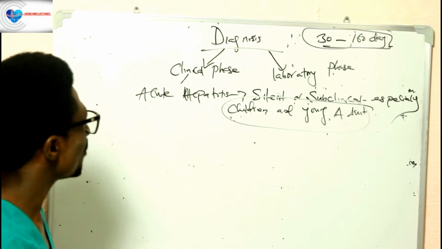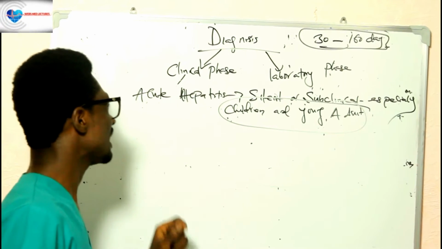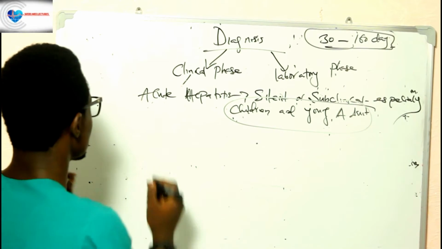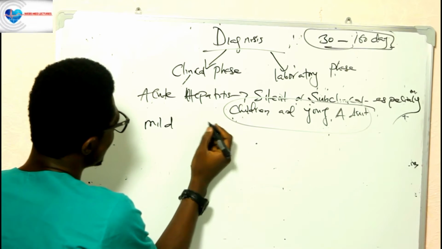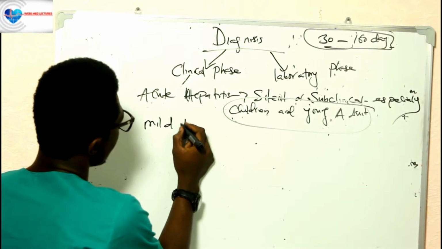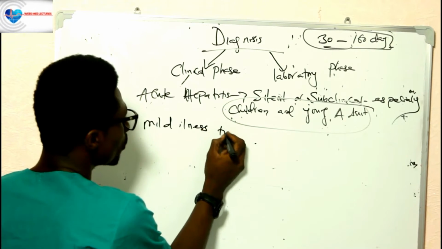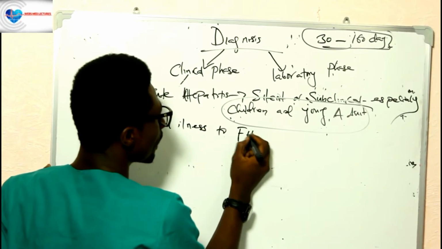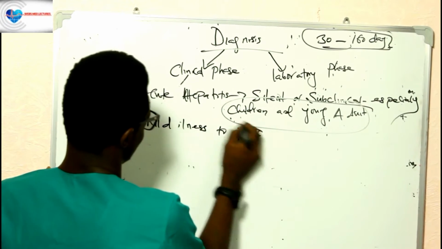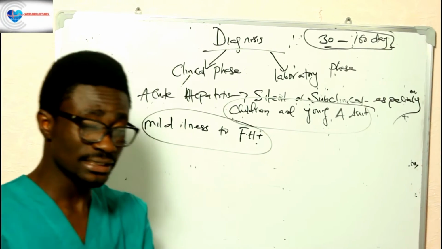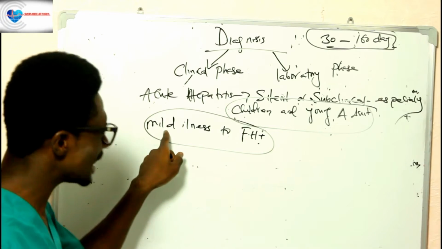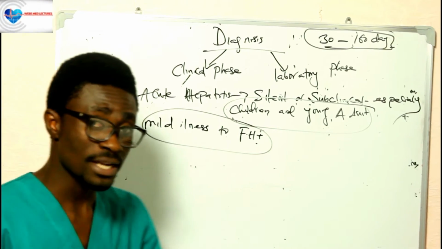Okay, first of all, in the acute phase, the symptoms range from mild illness to fulminating hepatic failure.